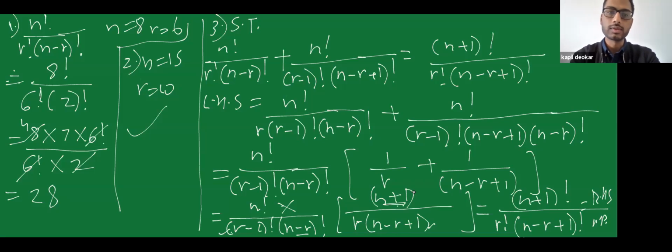Others have to copy and solve this. Copy first and third question and solve the second question. Okay. If this is your first lecture, we are studying permutations and combinations.